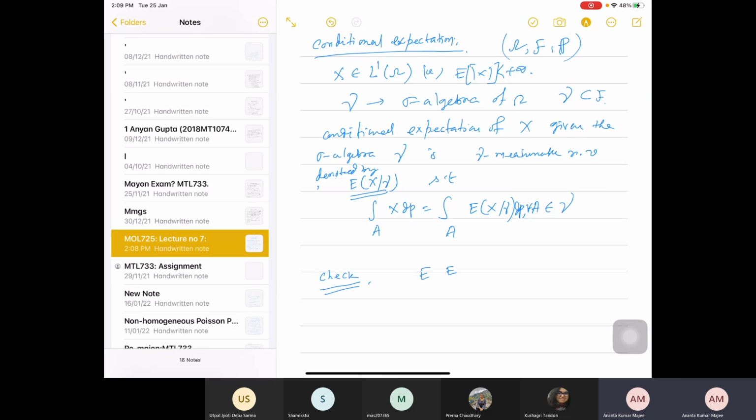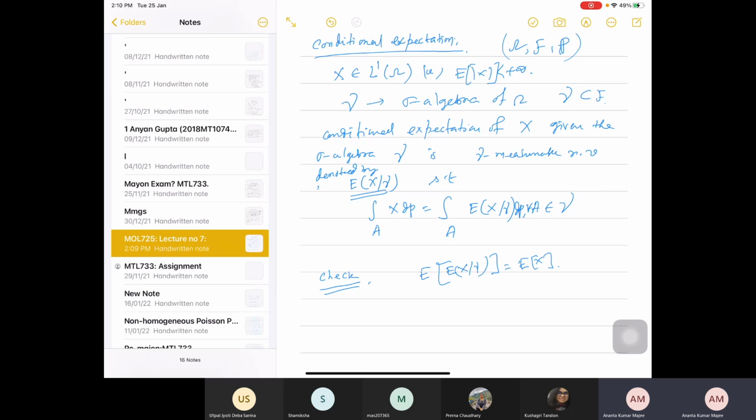If you consider again the expectation of the conditional expectation, this gives me the expectation of X. If you consider the expectation of E[X | nu], this is equal to the expectation of X. Because this holds for all A, if I take A equal to Omega, this is the integral of X dP, which is nothing but the expectation of X. Since Omega is an element of the sigma algebra nu, from the definition it is clear that the expectation of E[X | nu] is equal to the expectation of X.